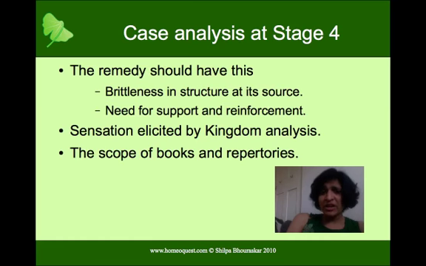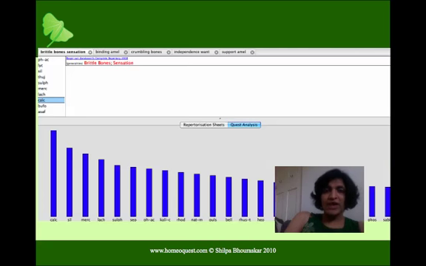So now let's look at which kingdom has this problem with structure and breaking of structure. In this case, I've also tried to look at the different sensations to see if you can find something from the symptoms in the Materia Medica. So I've put in brittle bones and binding ameliorates, crumbling of bones, and independence wants support ameliorates, to find if there is a theme of different remedies coming up. And you see Calcarea is coming up quite strongly.